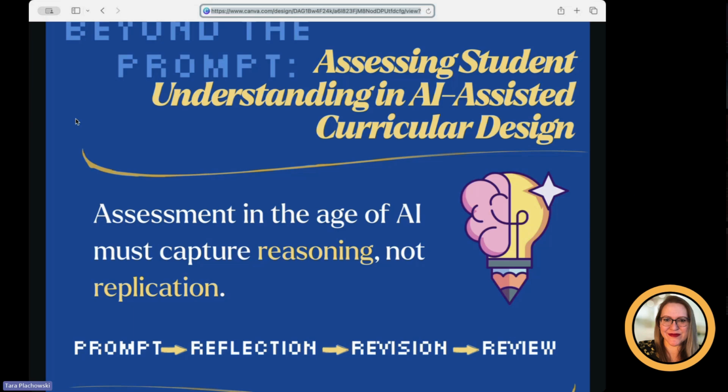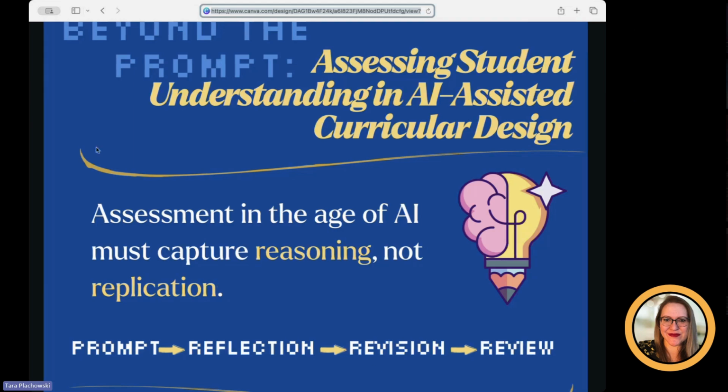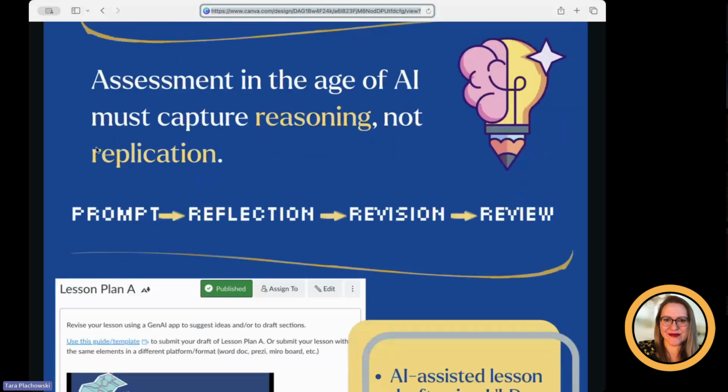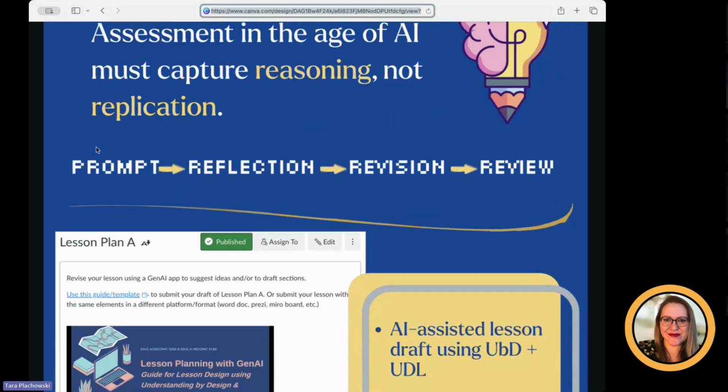I want to think about what I am trying to see that they understand. For me, I want to see if they understand how these frameworks work, how they frame learning and lesson planning, and how they create an arc of acquisition, meaning making, and transfer across that arc.